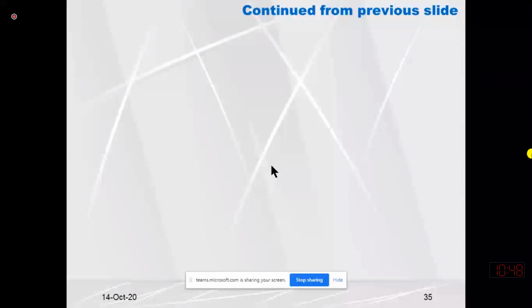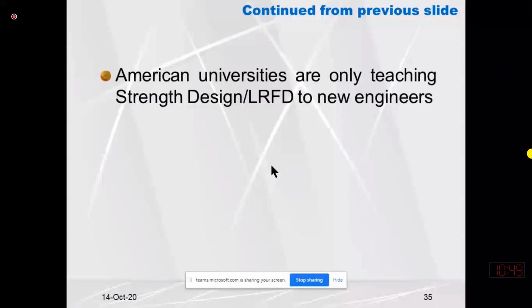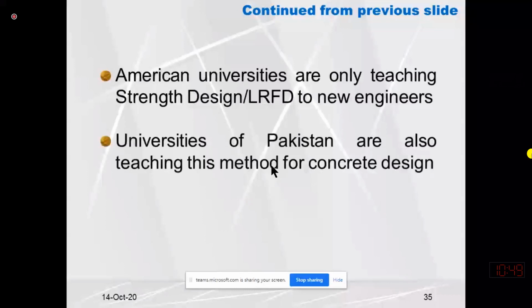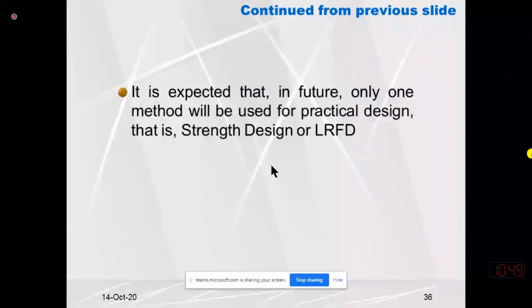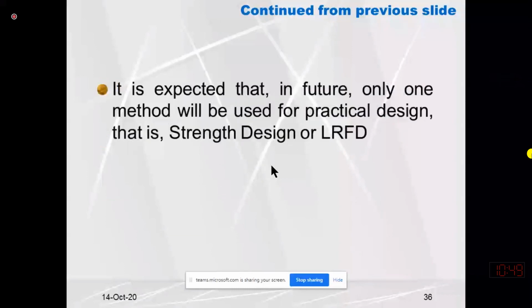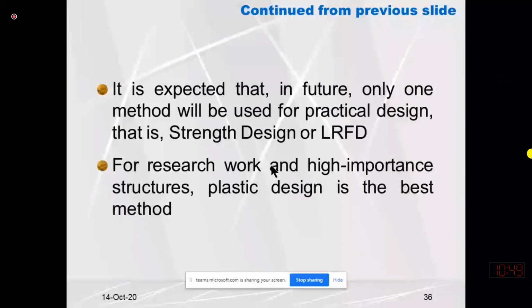Universities of Pakistan are also teaching this method for concrete design. So for concrete design, new engineers have almost all shifted to LRFD. But for steel design, only some universities of Pakistan have switched to this method. So it is expected that in the future only one method will be used for practical design, which is LRFD. And for research work and high importance structures, plastic design is the best method.